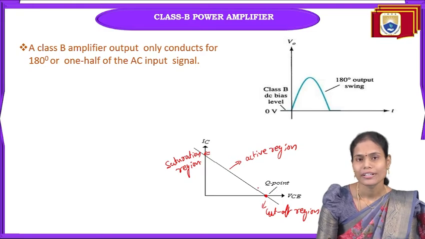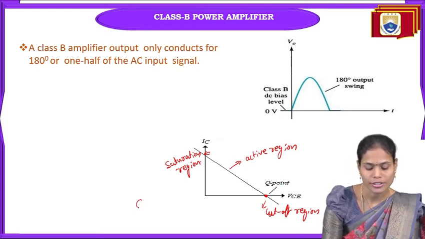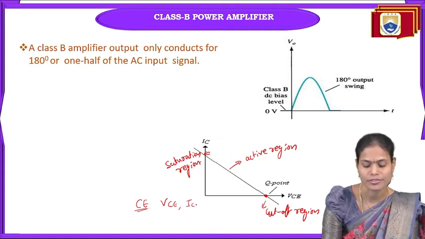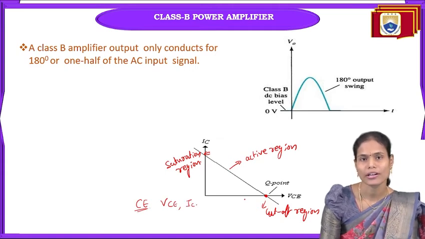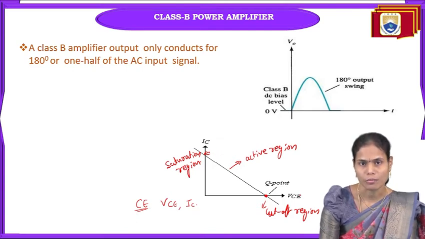To get the operating point, first of all, we have to take the output characteristics of that amplifier. In this case, we are considering the common emitter configuration. In the common emitter configuration, the output voltage is VCE and the output current is IC. If we draw the characteristics between VCE versus IC, we can get the different output waveforms.